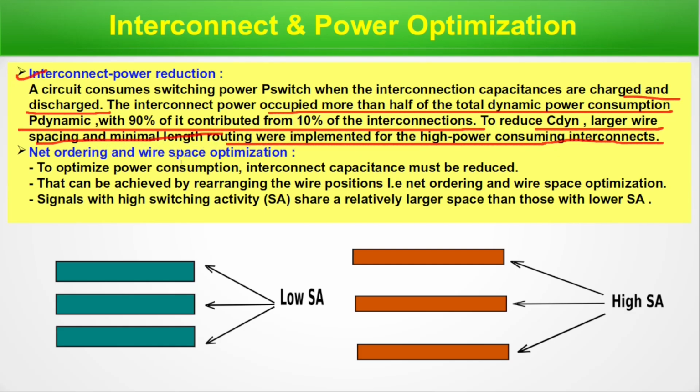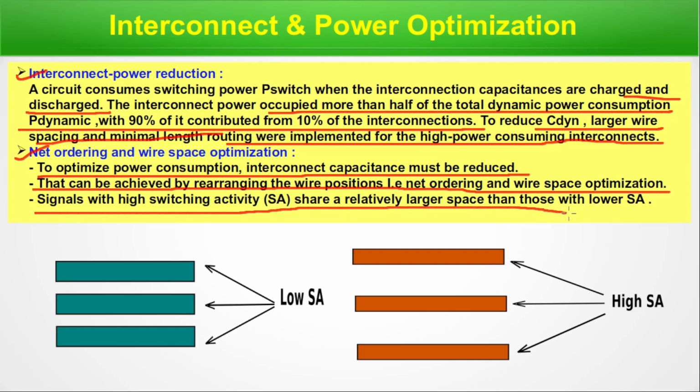Net ordering and wire space optimization. To optimize power consumption, interconnect capacitances must be reduced. That can be achieved by rearranging wire positions, that is net ordering and wire space optimization. Signals with high switching activity share a relatively larger space than those with lower switching activity.